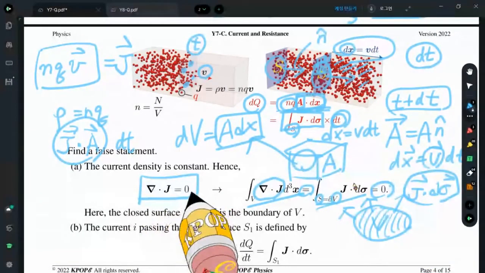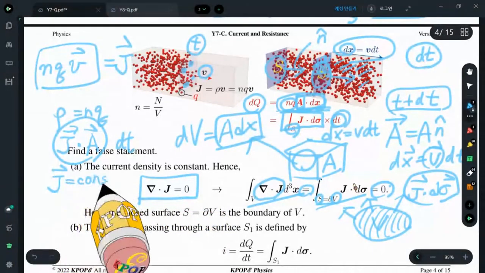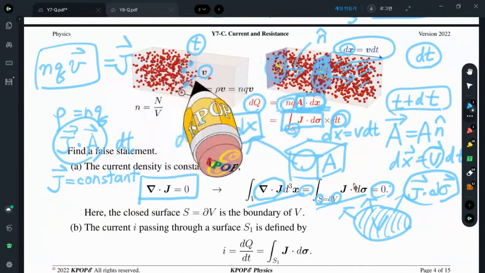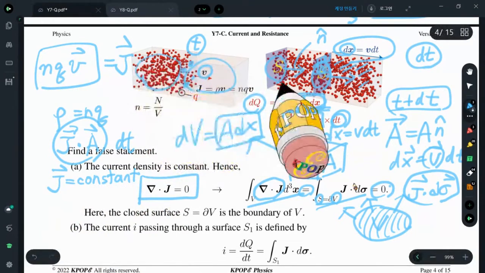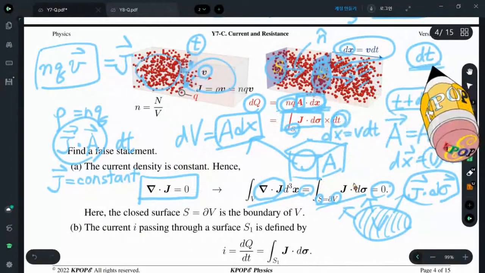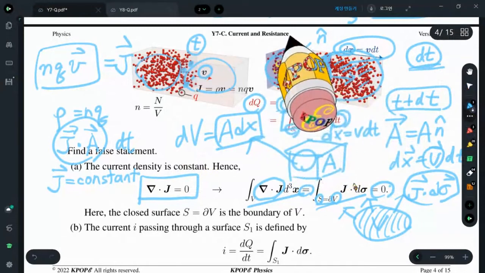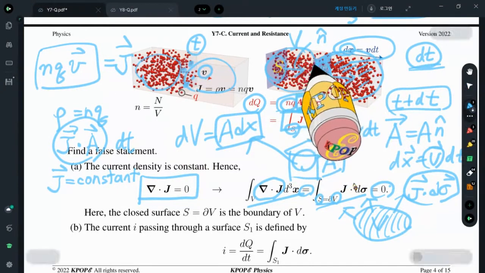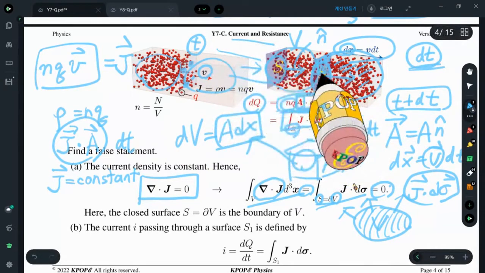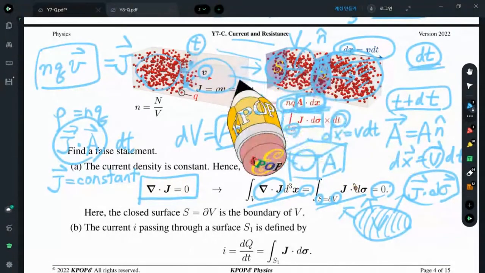Divergence J equals 0 means, in the simplest case, J equals constant. If J equals constant, that means this flow is uniform. So as time goes by delta t, this amount of charge has been emitted from this volume V. However, because the same flow is coming in from the left, the missing charge is refilled from the left.